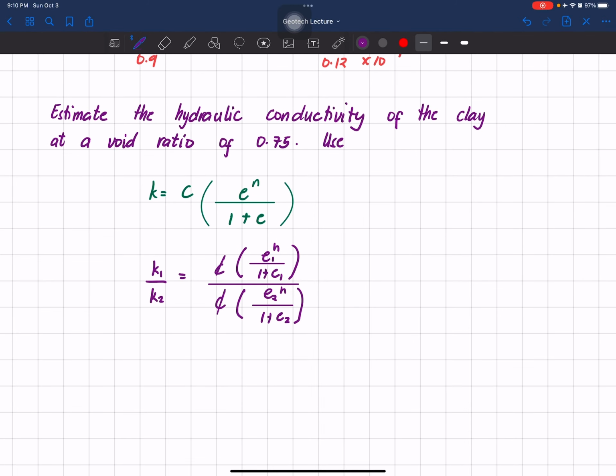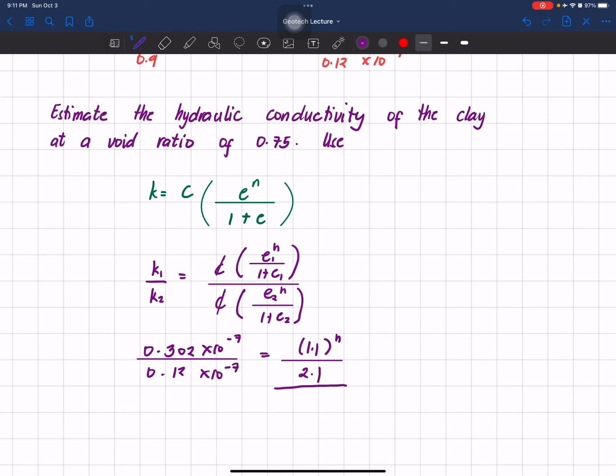Our K1 is equal to 0.302 times 10 to the negative 7 all over 0.12 times 10 to the negative 7, which is equal to 1.1 raised to N all over 2.1. Diniretso ko na guys ha. Hindi ko na papahabain pa yung pagsusulat ko.